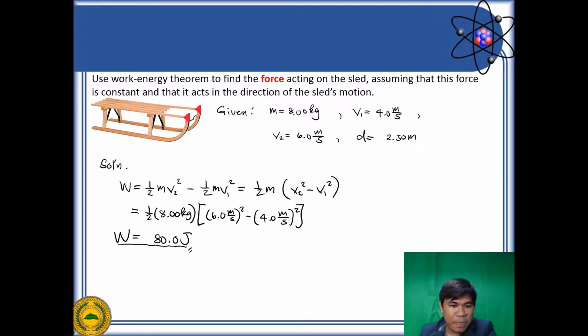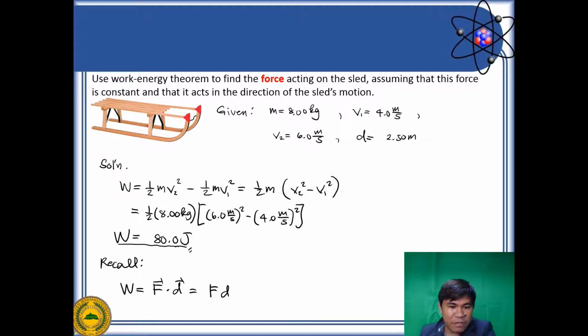Now, since we are asked to solve for that force, recall that from the definition, work done is equal to the scalar product of the force and the displacement. Since the problem specifies that the direction of the force and the displacement are the same, we can simplify this further into force times distance. The distance is given, and we have calculated the corresponding work done, which is equal to 80 joules.